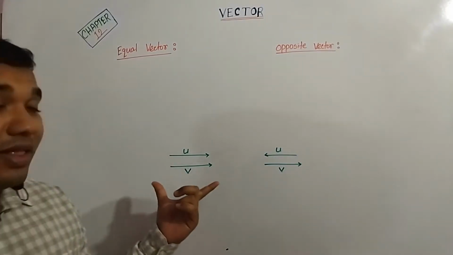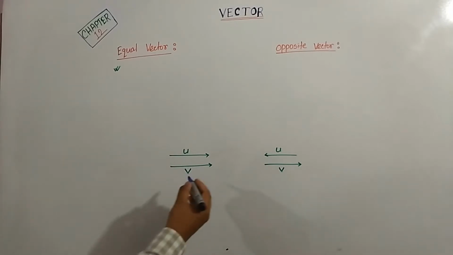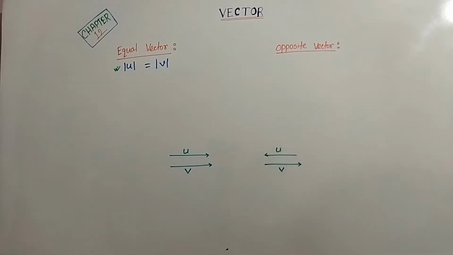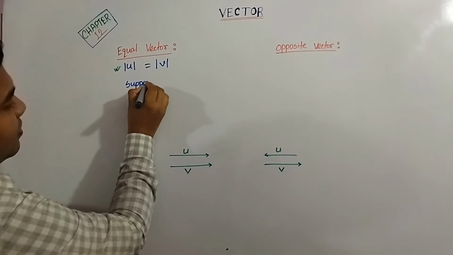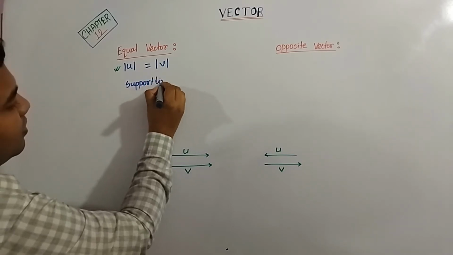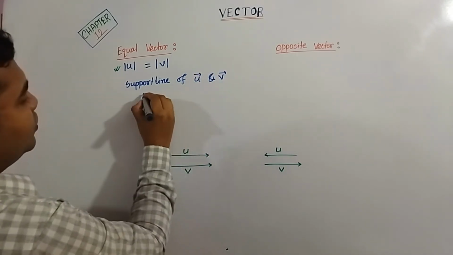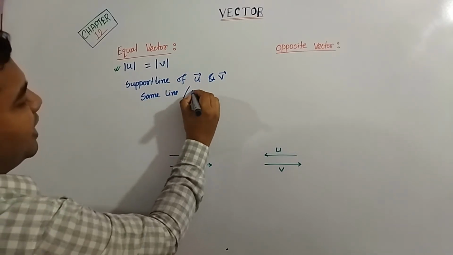To be equal, these two vectors need to satisfy three conditions. Our first condition is that the magnitude of u and v should be equal. That is the first thing, that the magnitude of u and v must be equal, and the support lines of u and v are the same or parallel. The support lines of the u and v vectors should be the same line or parallel.